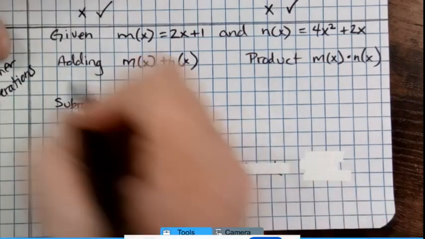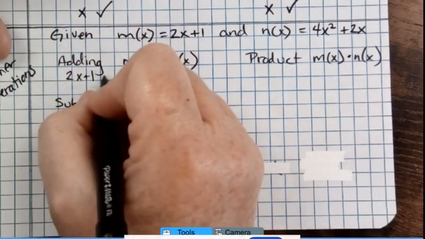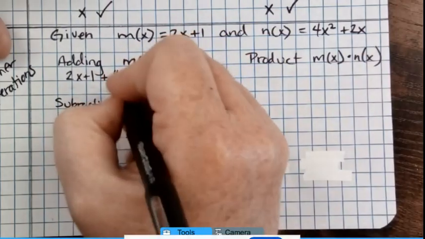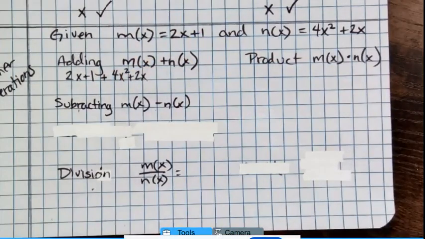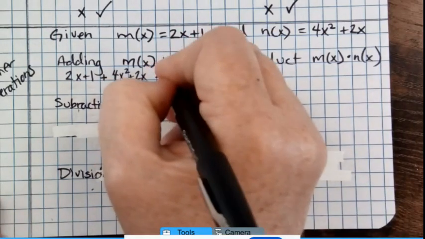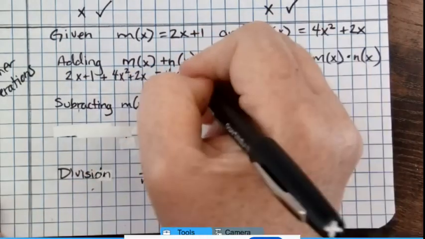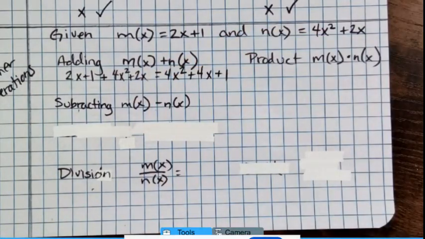So my m of x is 2x plus 1. And I'm going to add n of x, which is 4x squared plus 2x. And all you have to do with this one is combine your like terms. And you get 4x squared, 2x plus 2x is 4x, plus 1. So just combine your like terms, that's it.